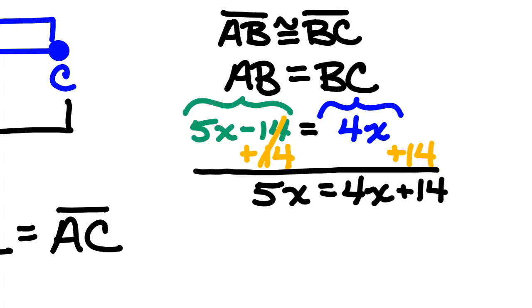That didn't help me get my x all by itself, but it did make the 14 positive, which is nice. What do I need to do to get the x's together on one side? Subtract 4x. My personal preference is that we would have done that at the beginning, as our first step, and then added 14 to both sides, but there's nothing wrong with doing it the other way around. Yes?